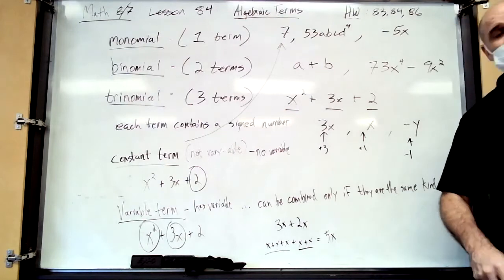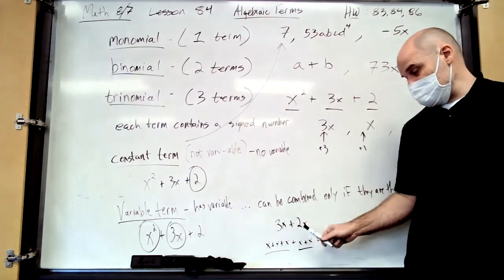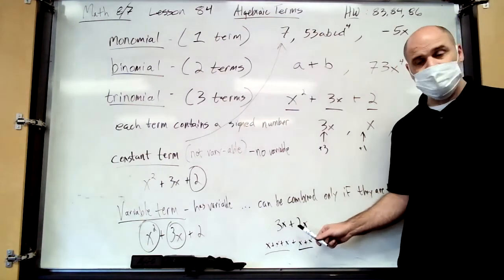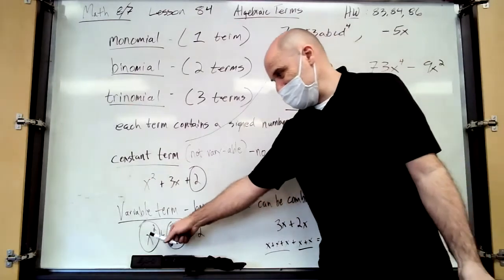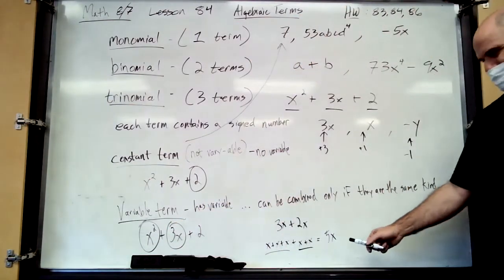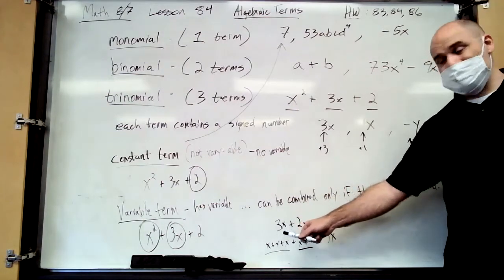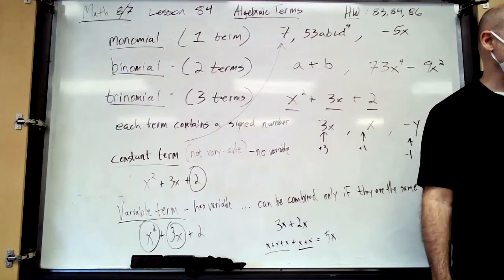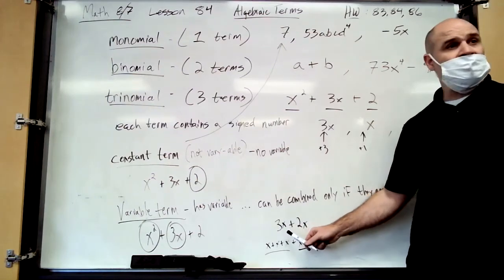So how many x's are being added total? 5x. So basically what's happening here is when you have variable terms that have the same variable and the same amount of variables, like x and x squared, this has 2 x's in it, this has only 1 x in it. But what's happening is you can just add the coefficients. There's 3 x's added to 2 more x's. If you replace that with apples, instead of x, you can say apples.